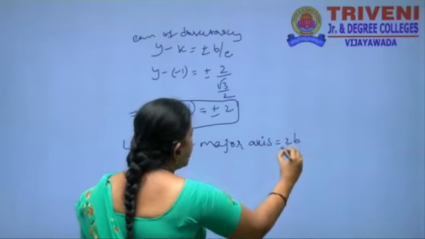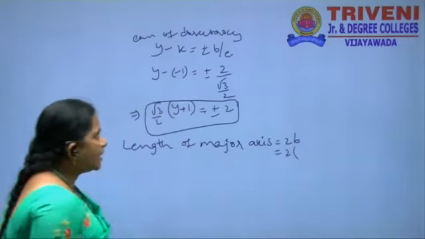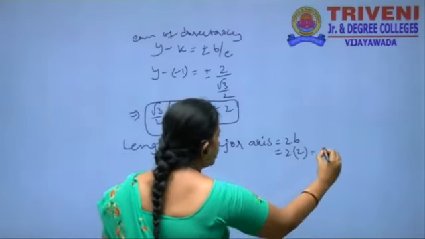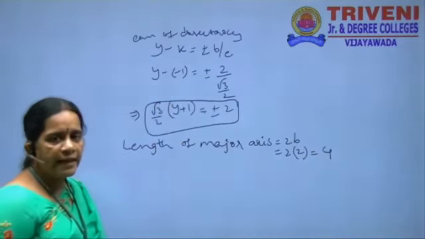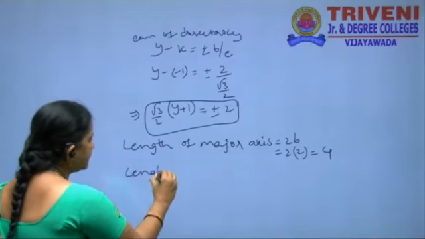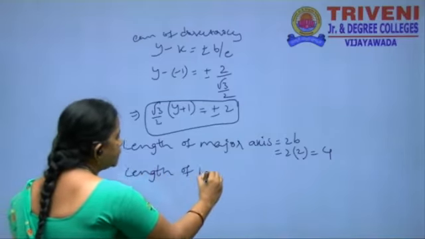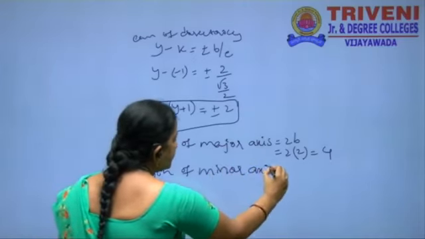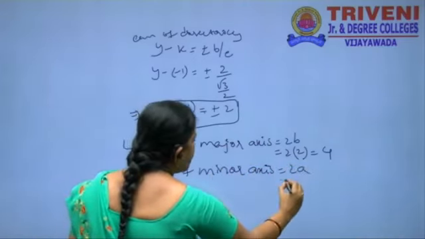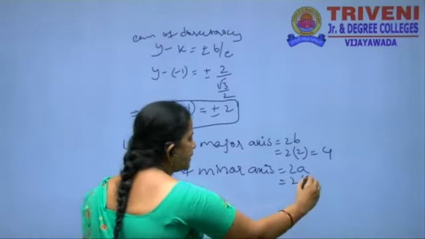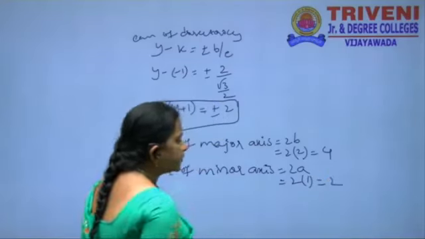The value of b is 2, that is 2 into 2, that is equal to 4. Similarly, length of minor axis is 2a. Already you know the value of a is 1. Then substitute here, 2 into 1 is 2.